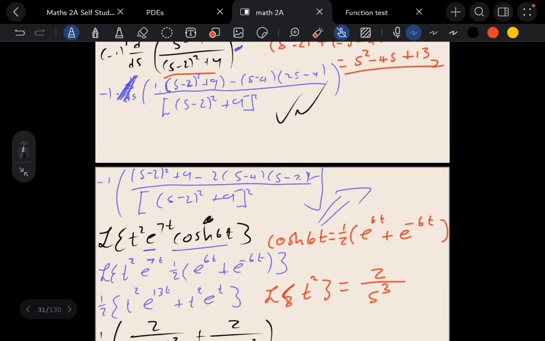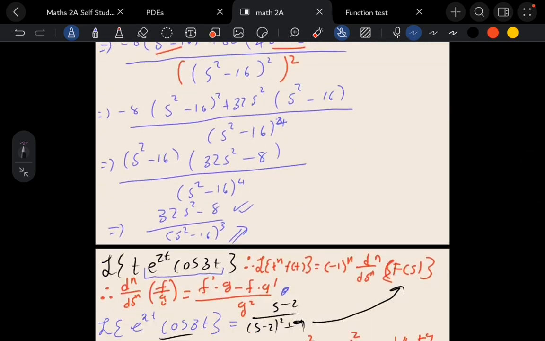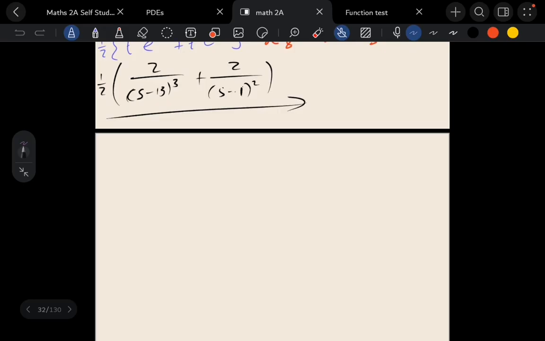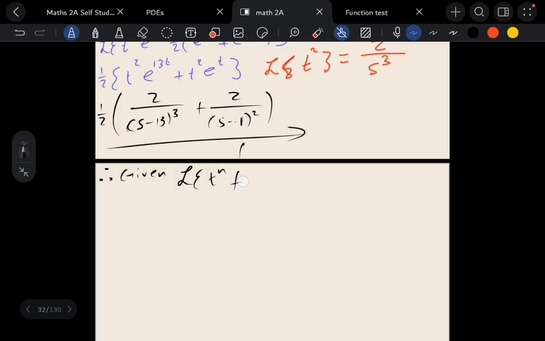But guys, in a nutshell, this is the second theorem. The idea here, I'm just going to write it down. The idea, given the Laplace transform of t to the power n f of t.